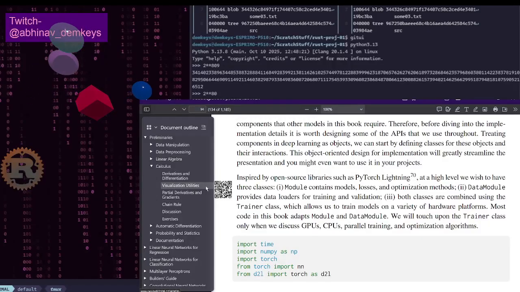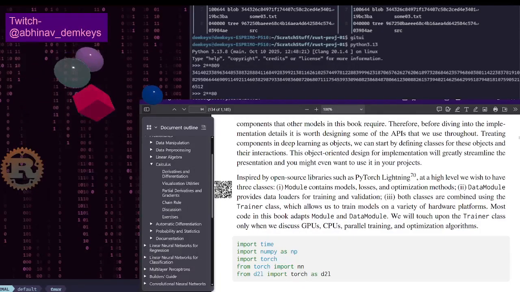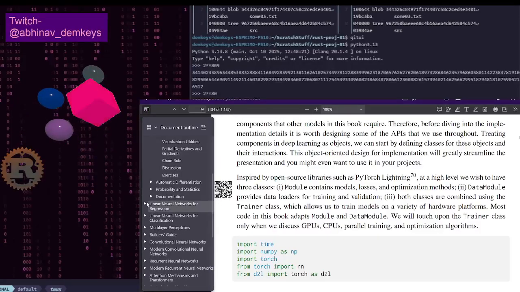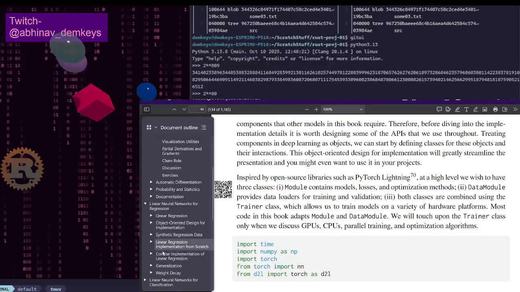I'm going to ask Gemini this question because I'm curious about this. Hey, I'm reading the Dive into Deep Learning, D2L book. Where are we right now? I'm pretty sure we are in object-oriented design.